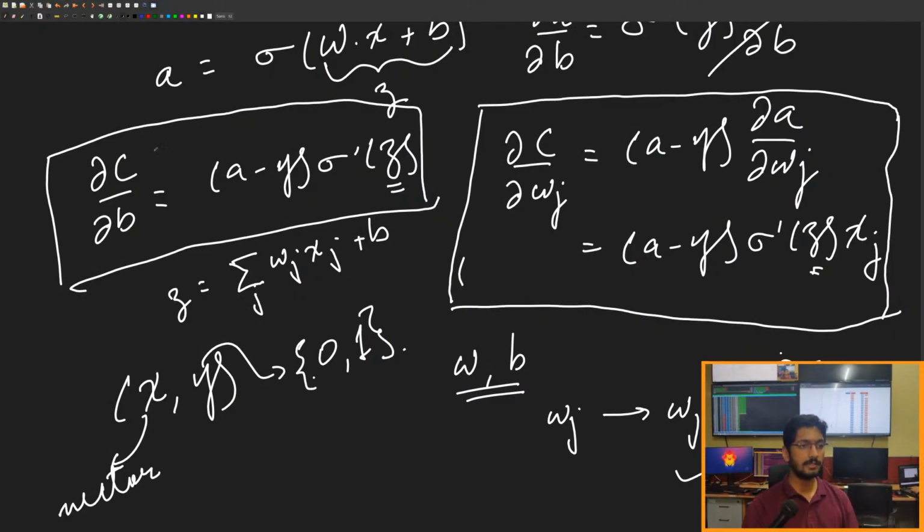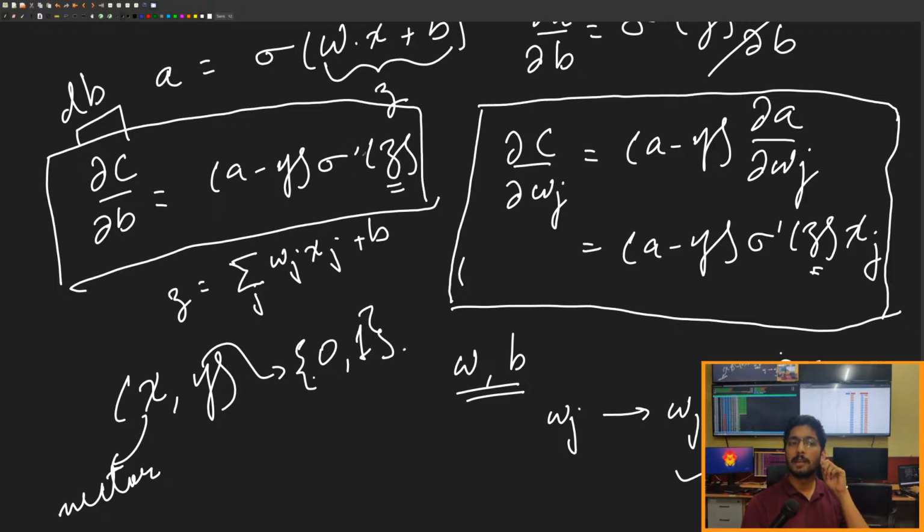So this dC by db, this del C by del b, is the variable db, and this involves a minus y, which are quantities we know, and the derivative of sigma, the activation function, applied to z.